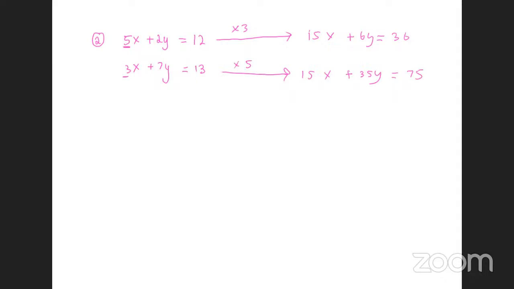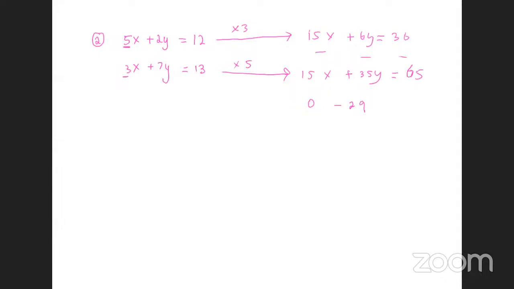So that'll be 65. Next step, minus them. This is 0. 6 minus 35 is minus 29.